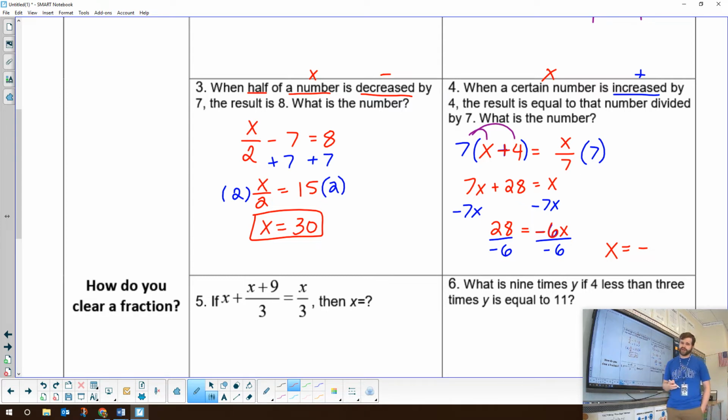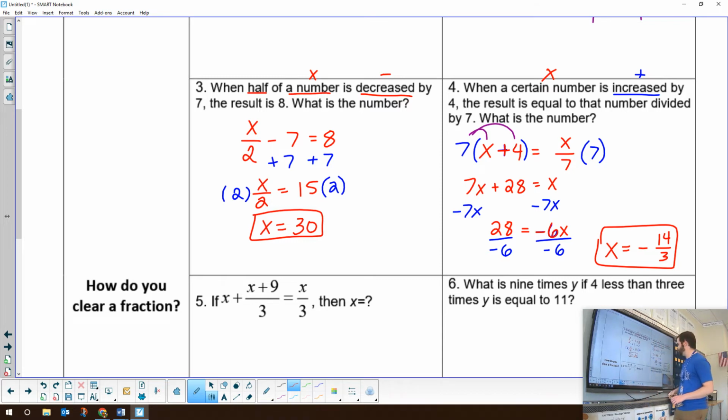Then you could write your answer as a decimal, and that's okay. I can't do the decimal math in my head, so let me grab a calculator and see what that would be. 28 divided by 6 would give me 4.666666 repeating. Okay, I don't want to write that out, so I'm just going to leave it as a fraction. I'm just going to leave it as negative 14 over 3. And that'll be our solution there.